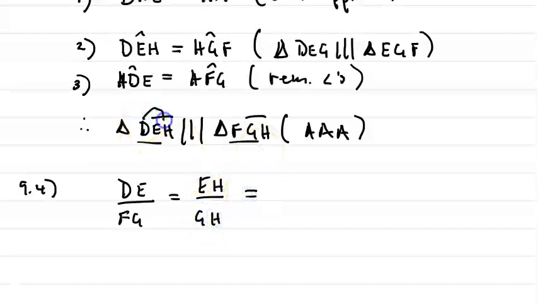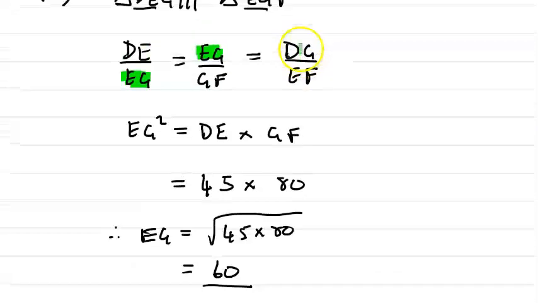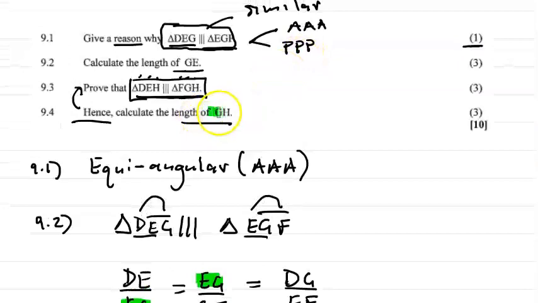equals first and last, so that will be DH, all over FH. And that is because we've just proved that triangle DEH is similar to triangle FGH. Now what do they want us to find? Let's look at that very carefully. They want us to find GH.